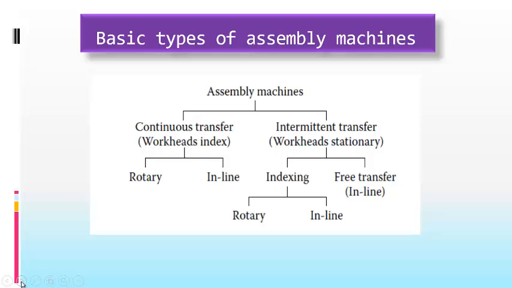And this can be rotary or inline. And the intermittent, workhead stationary type, which we are going to concentrate on, can be indexing or free transfer, and even the indexing machine can be rotary or inline, right?